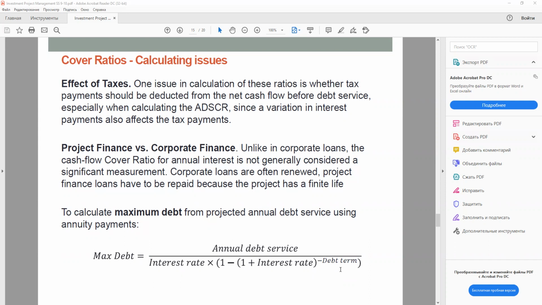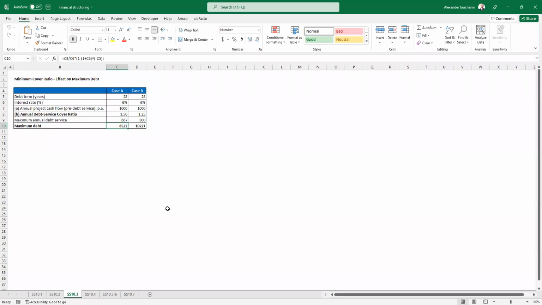Minimum cover ratios and the debt amount. Cover ratios are often a key factor in determining how much debt a project can raise. We can see it again in the example. So in this example, it is assumed that the project produces 1,000 per annum of net cash flow before debt service over a 25-year period.